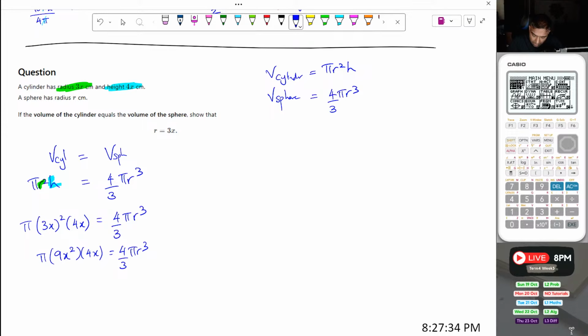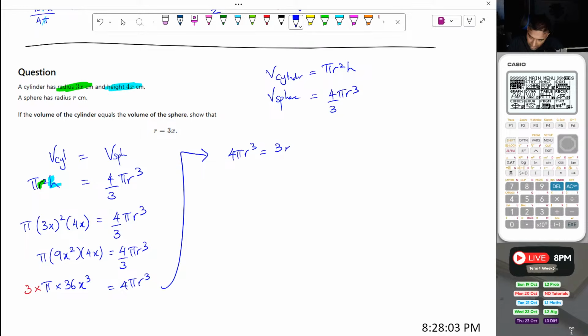Then I'm going to cross multiply the 3. So I'm going to end up with 3 times pi times, I might as well do this, 9 times 4 is 36, and x squared times x is x cubed, equals 4 pi r cubed. I'm just going to rewrite it the opposite way.